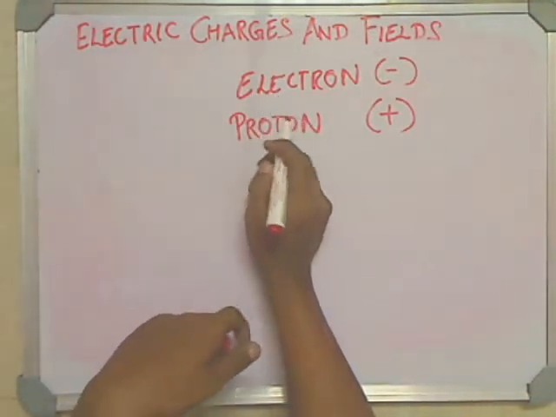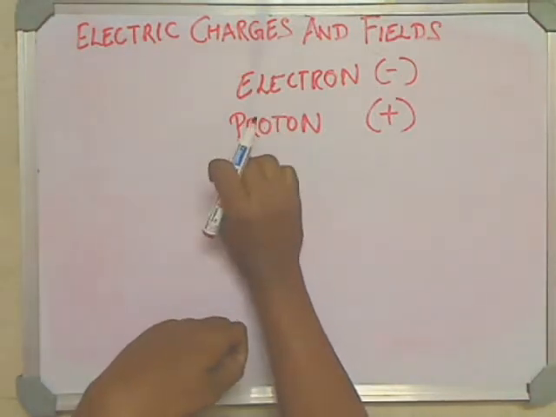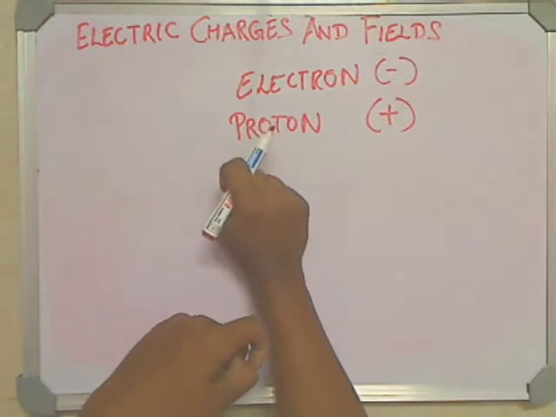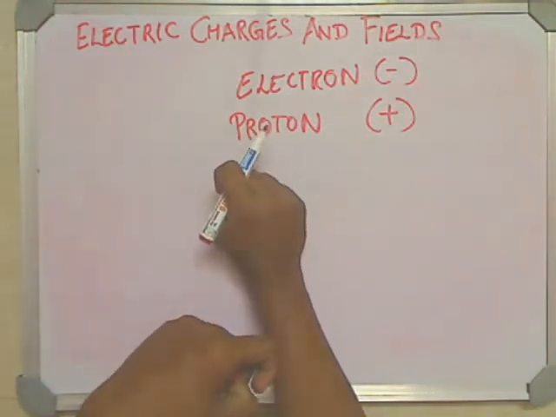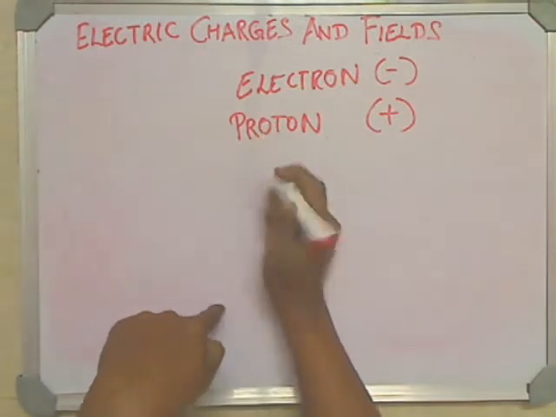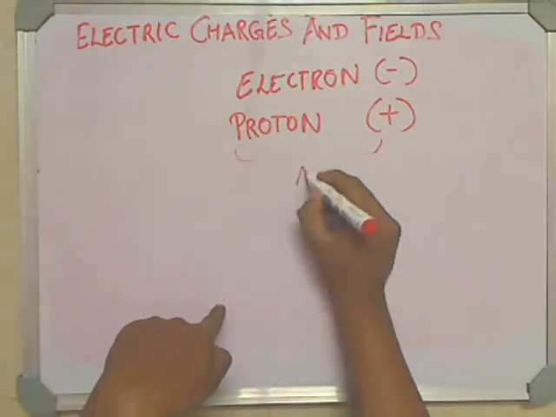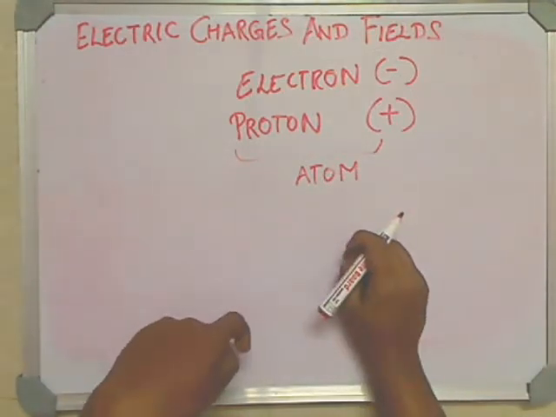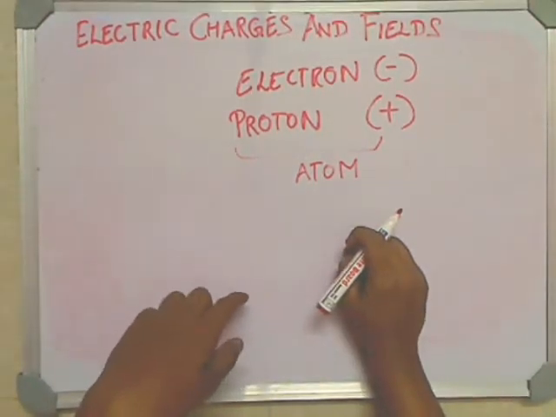We know that they exist because of calculations and because of experiments. Okay? And by those experiments and calculations, we've been able to arrive at the concept of an atom.